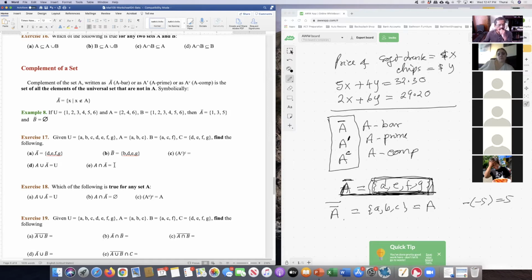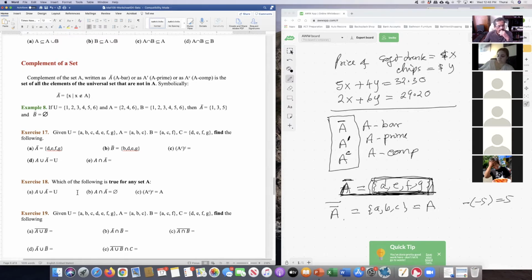So can anybody tell me about A intersection A bar? It's equal to phi. It's empty set. Right, it's empty set. A intersection A bar is empty set. So here I'm repeating the same facts again here in exercise 18.